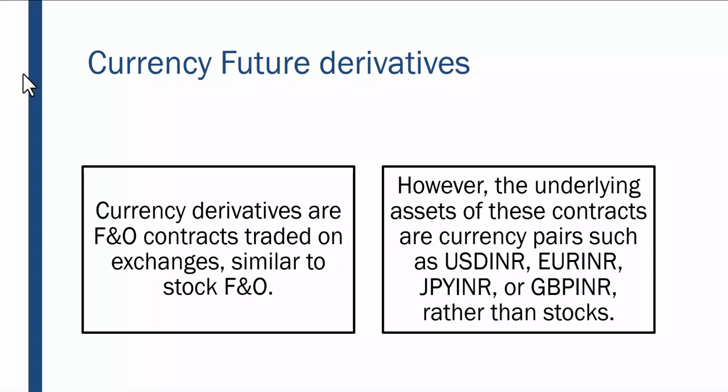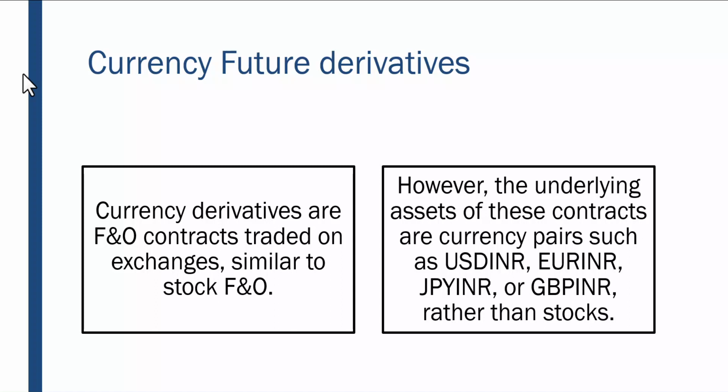However, the underlying assets differ. When you are doing futures and options in the stock market, the underlying would be a share like Reliance or Hero MotoCorp or Infosys or any company. But when you go into the currency futures market, the underlying assets are currency pairs, for example USD INR. Transactions can happen between USD and rupee, or Euro INR, Japanese Yen INR, and Great Britain Pound INR, rather than stock.